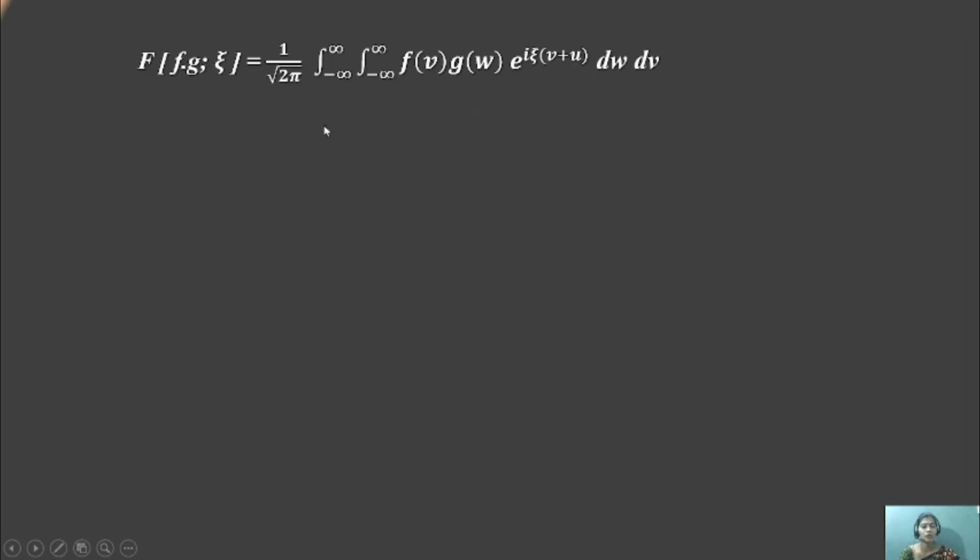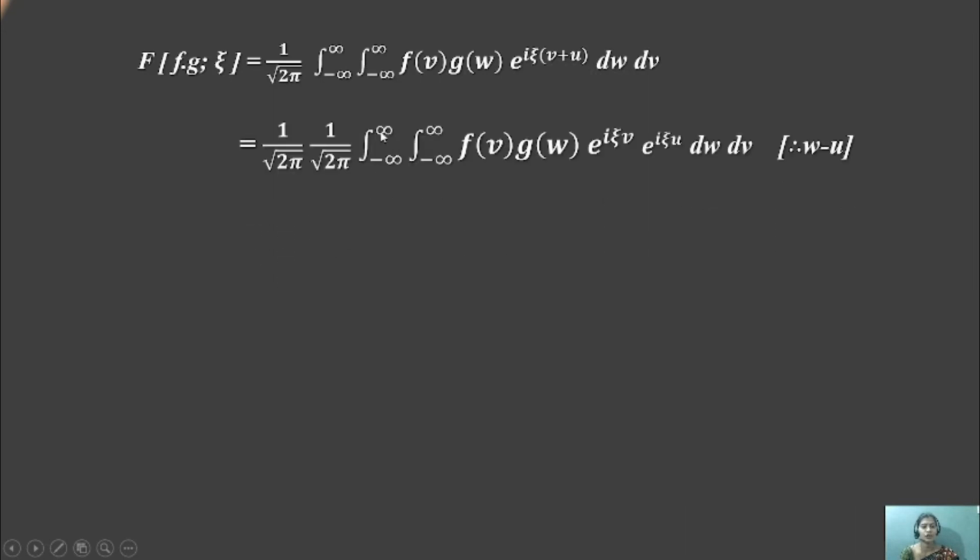Putting these values into the equation, it becomes 1 upon square root of 2 pi, integral from minus infinity to infinity of f of v g of w e to the power i xi v e to the power i xi w dw dv.